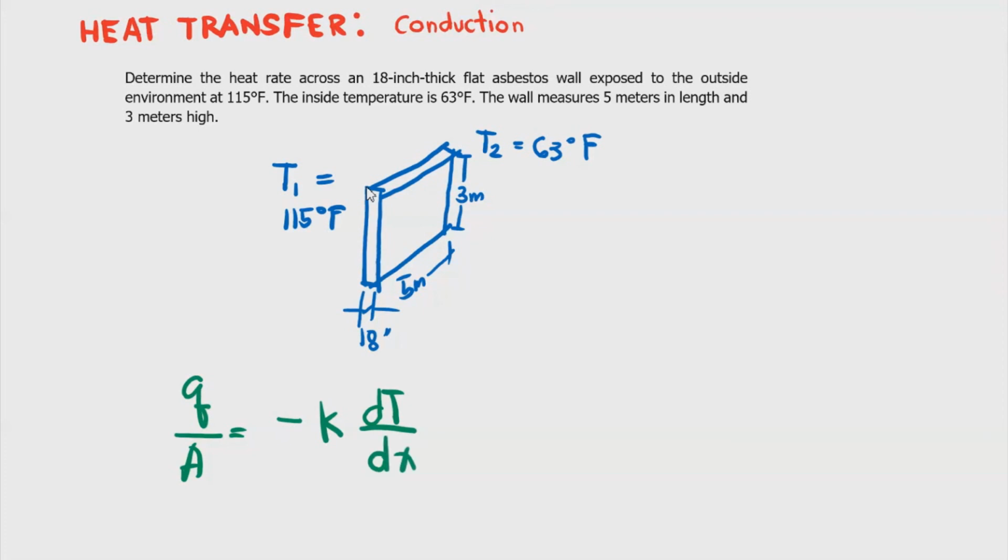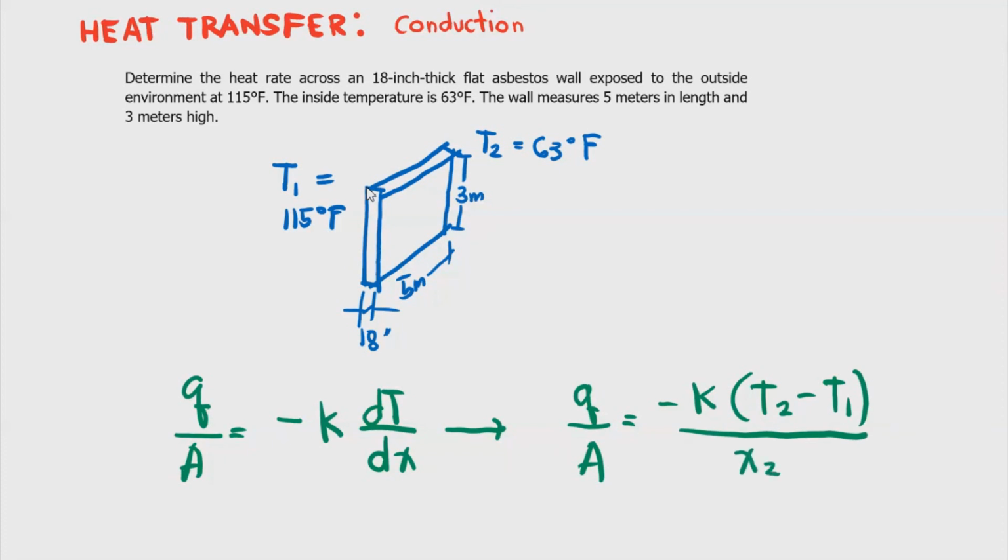And then, integrating it further, this becomes Q over A is equal to negative K, and then T2 minus T1 divided by x sub 2 minus x sub 1. Then remember, this T2 minus T1 is our temperature gradient, or we can say that this is the delta T, and then x sub 2 minus x sub 1 is our thickness, which is the delta X.